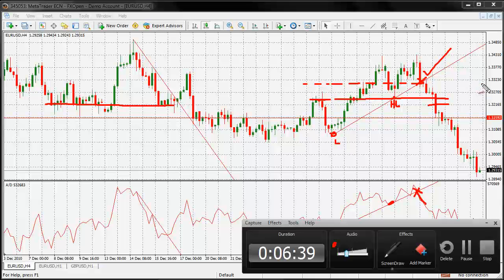If we got in at around 133 and we came down to around 132.50, that's about 80 pips right there. And that happened in a space of 16 hours.